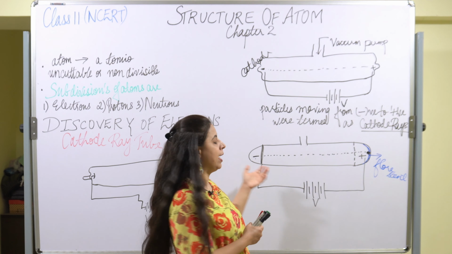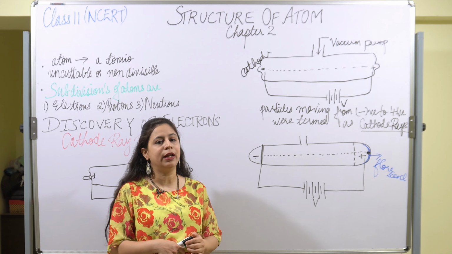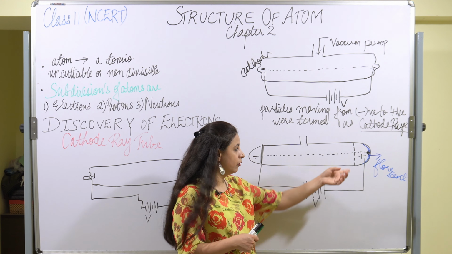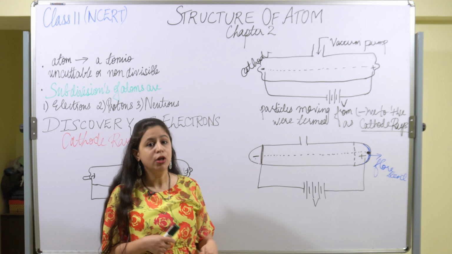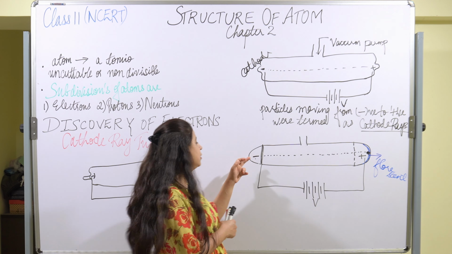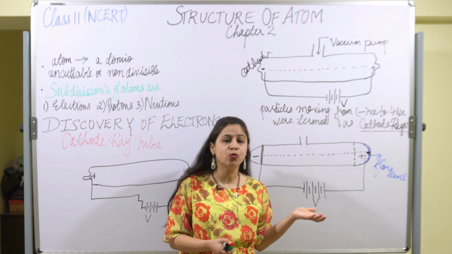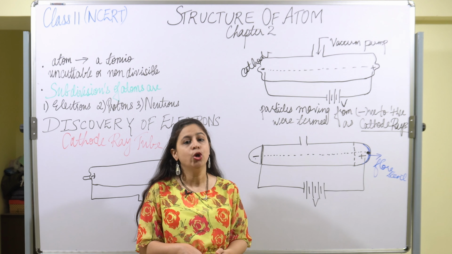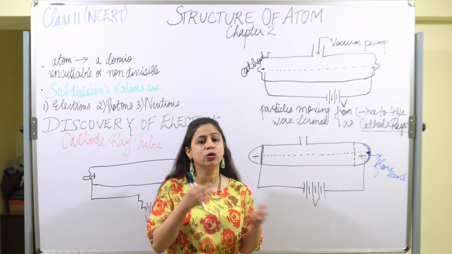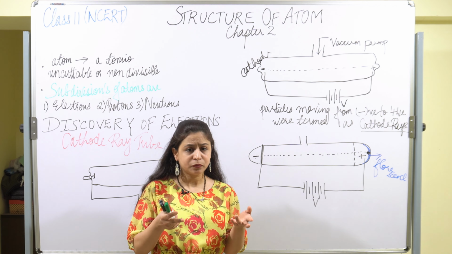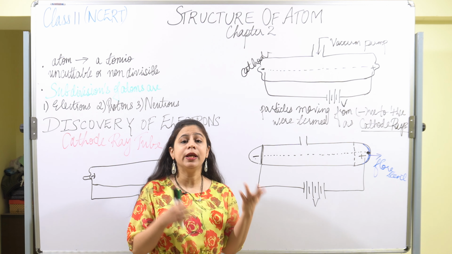But as soon as we applied an external electric field, all of them were attracted towards the positive terminal of that electric field. Since unlike charges attract each other and like charges repel each other, these charges would be electrons.